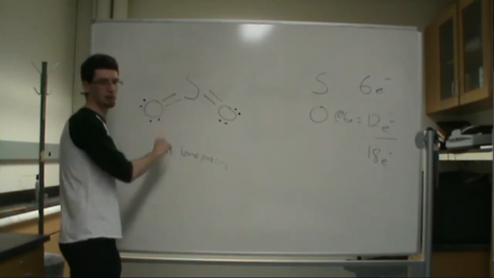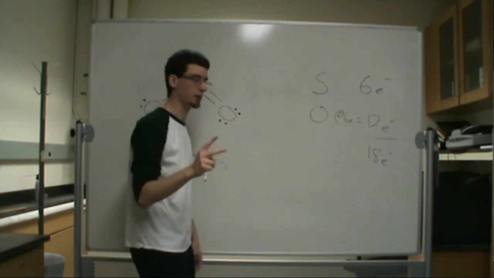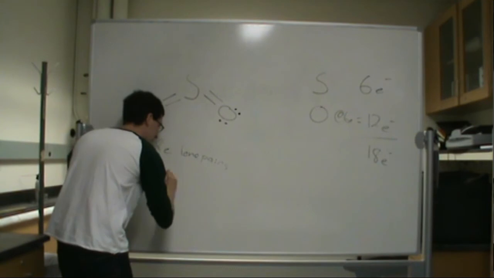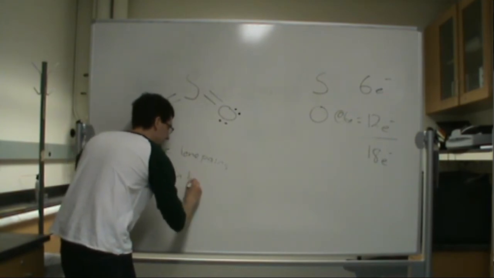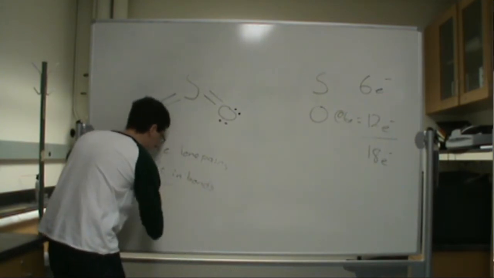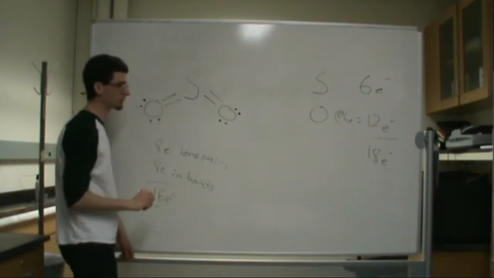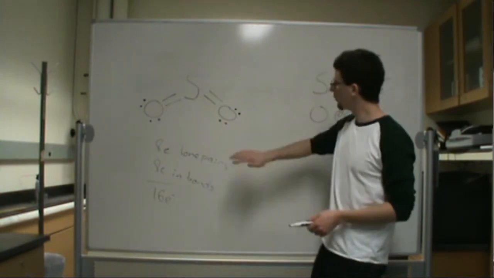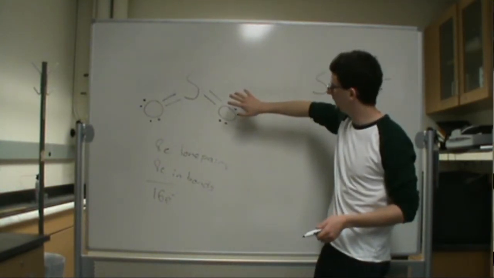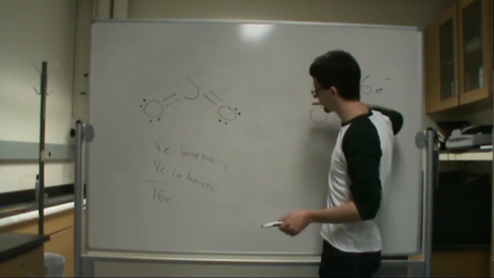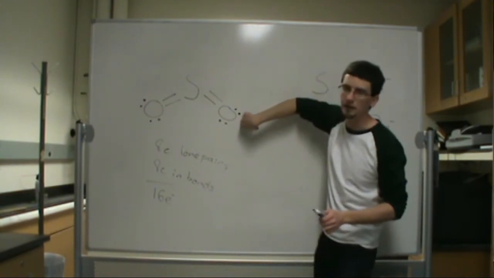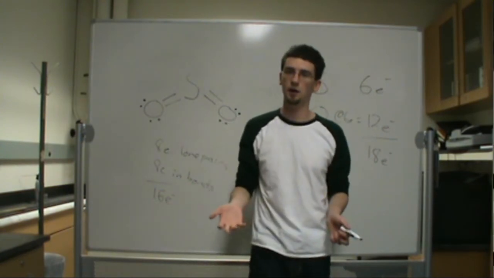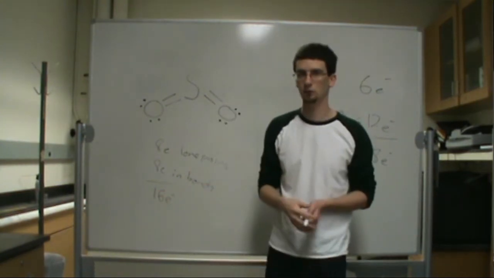Now how many do we have in the bonds? Remember, each bond is worth 2 electrons. So in this case, we have 2, 4, 6, 8. We have 8 electrons in bonds. If we sum that up, that adds up to 16 electrons, so we're still missing 2 electrons. Where can they go? Atoms that are in the same row as oxygen can only accommodate 8 electrons in their valence shell. That's what we call the octet rule.